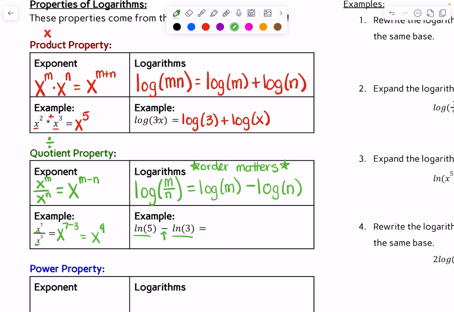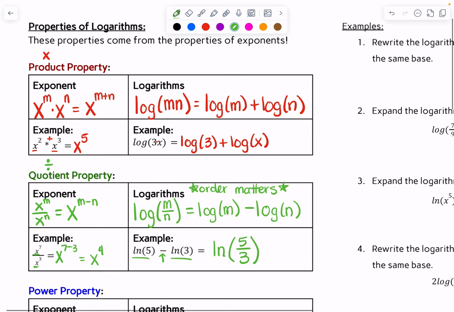My base stays the same, so the natural logarithm of 5 divided by 3. And if I was able to simplify that, I would, because we always want to simplify anything inside of our logarithm.